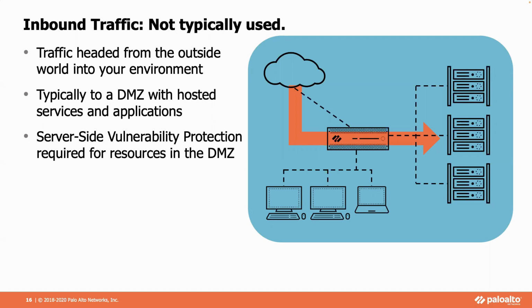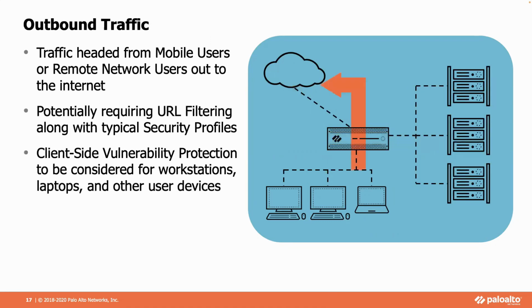All traffic through your network, whether you're talking about physical firewalls or Prisma Access or mobile users or remote network users, it's all going to be in one of three directions. It's either coming in, and with Prisma Access, that is fairly rare. And in that case, you're looking for inbound threats. Or it's going out, which is the most common direction for Prisma Access.